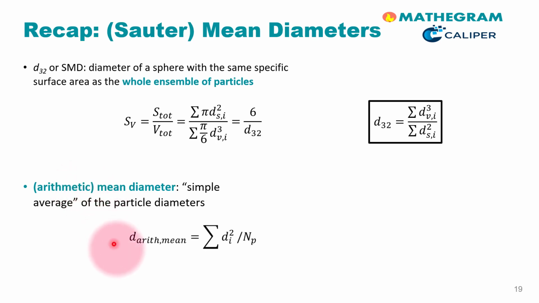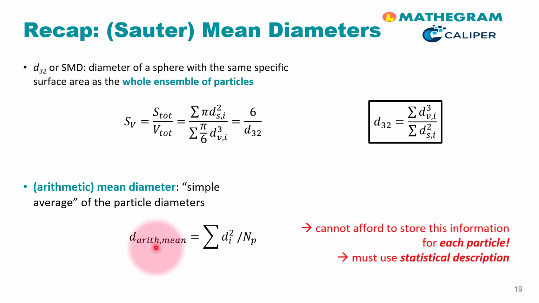Unfortunately, this concept of averaging over all particles is not sufficient in practice. We would have to store a relevant equivalent diameter for each and every particle in our granular system in order to compute these mean diameters.